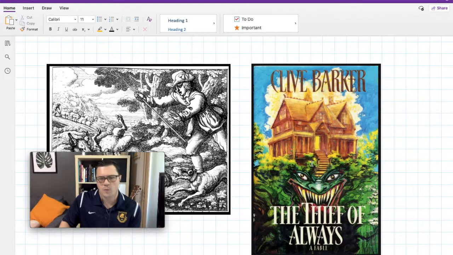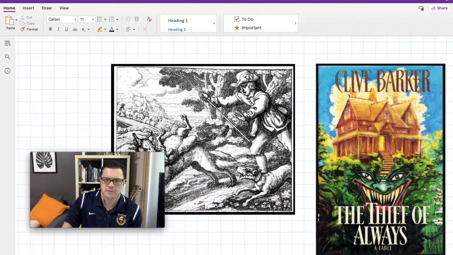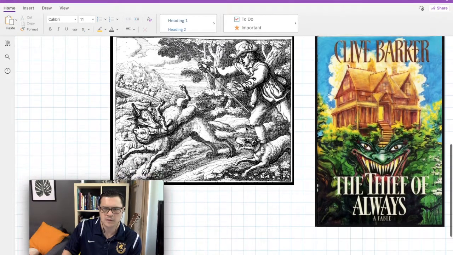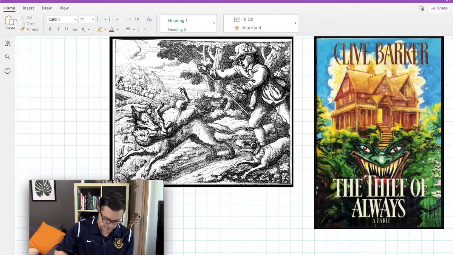one of the things I think about is what's on the cover. And here it says a fable. Okay. And when I think of other fables I know, I recognize that there's always a lesson in a fable. And here you might know this story.